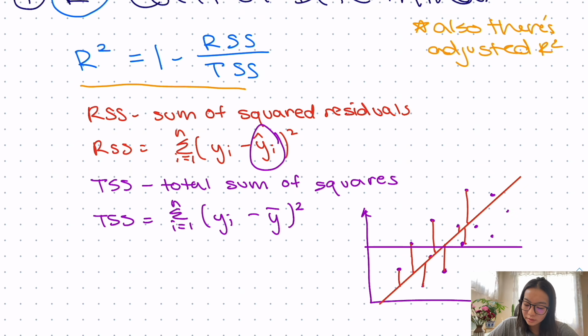If we literally didn't do any calculations for the line of best fit, and just took all the y values, averaged them, and said, this is the average value for every single x value, I'm just going to predict that average value instead, then it's asking how far off are all these points from that line?